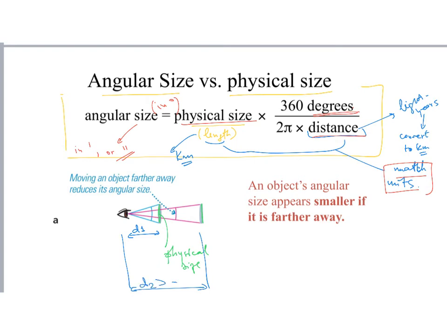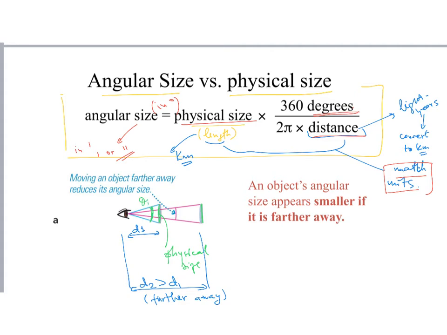Distance 2 is greater than distance 1, so it's further away. What happened? Look at that angle. The angle used to be this, angle 1, the angular size theta 1.